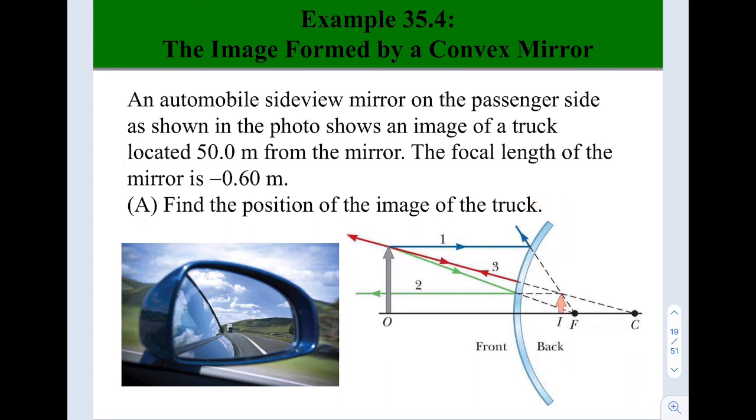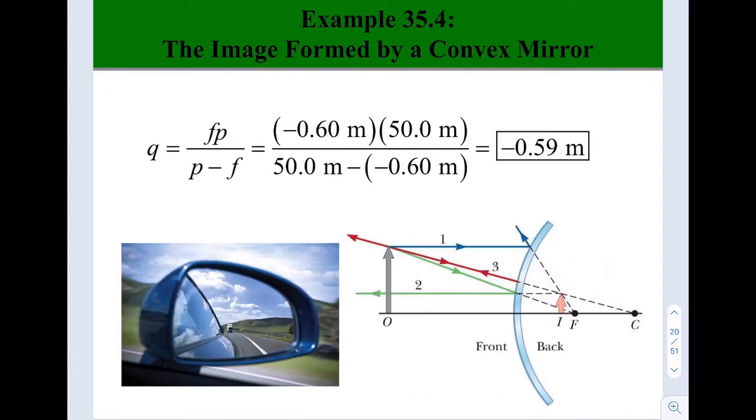As we know, a side-view mirror on an automobile is actually a convex mirror. So the object is in front and the image will be at the back of the mirror.